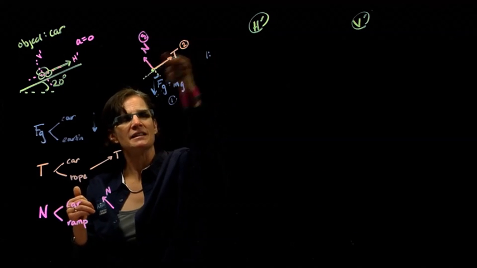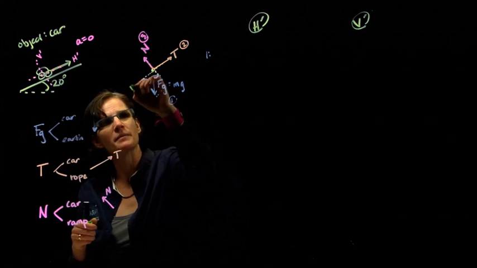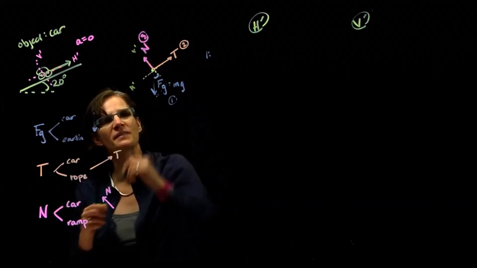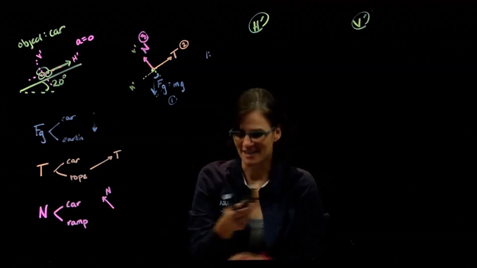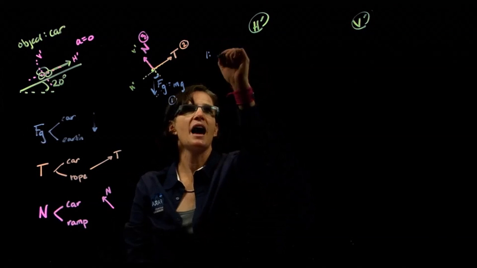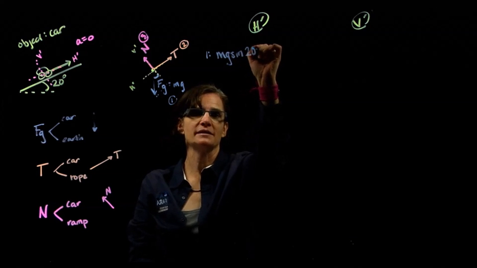opposite is along the horizontal prime. Let's keep in mind, this is horizontal prime. This is vertical prime. Opposite is along horizontal prime, so it's going to be the sine of the angle. So I have mg times the sine of my 20 degrees.